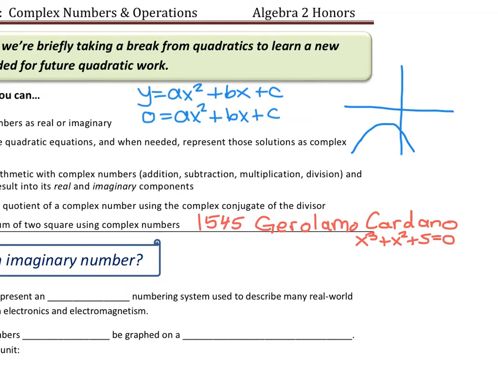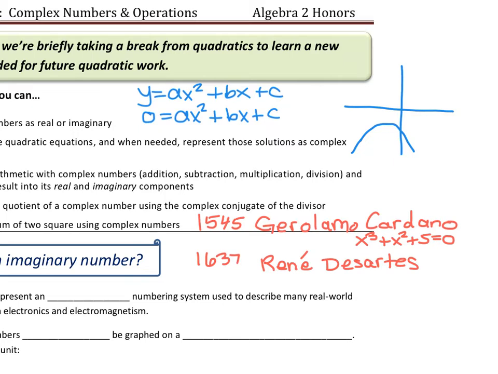Later on, the word imaginary was given by a very famous mathematician, René Descartes. He's French. He developed all kinds of math that we continue to use today. In 1637, he talked about these types of solutions to these cubic equations as being imaginary, and that name stuck.